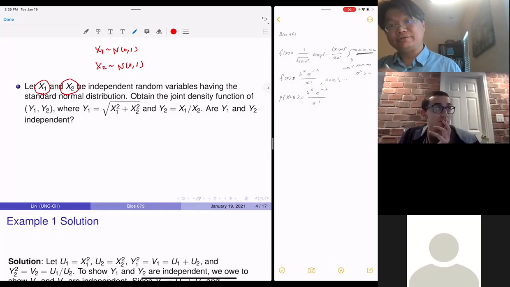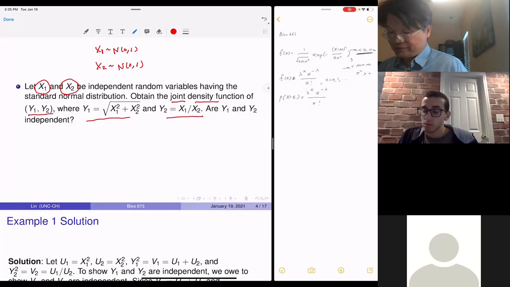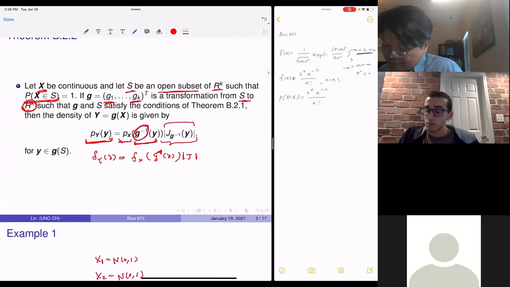So when we talk about the standard normal distribution, it automatically means normal 0, 1. Got it? Then we are trying to write the so-called joint density function of y1, y2, where y1 is defined this way and y2 is defined this way. Eventually, we are trying to derive y1, y2's joint PDF.